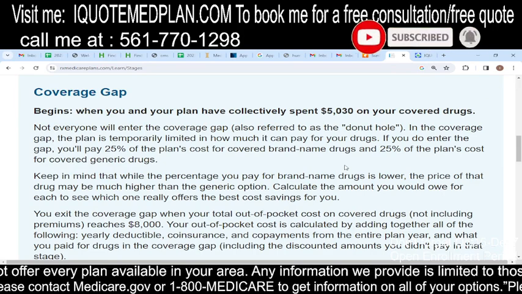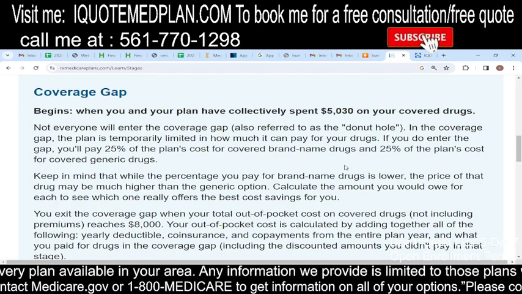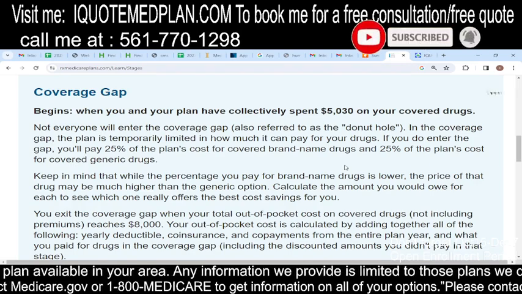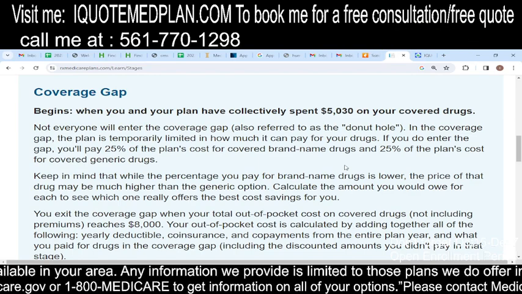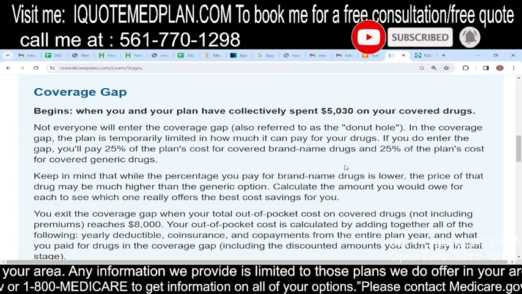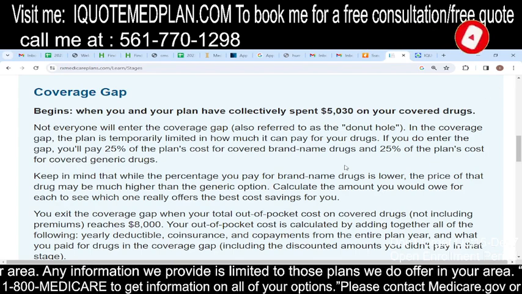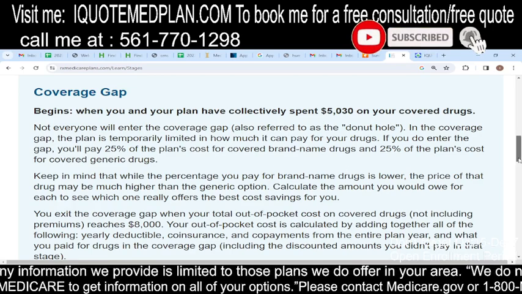Keep in mind that while the percentage you pay for brand name drugs is lower, the price of that drug may be much higher than the generic option. Calculate the amount you would owe for each to see which one really offers the best cost savings for you.